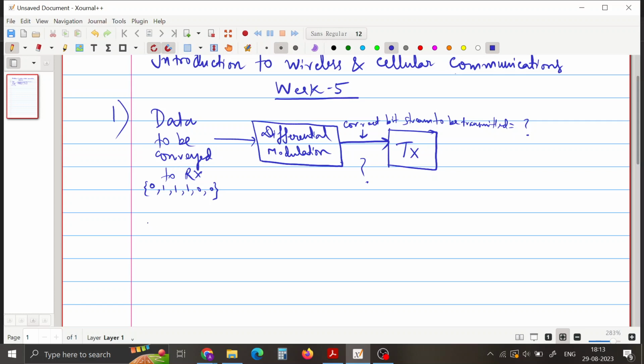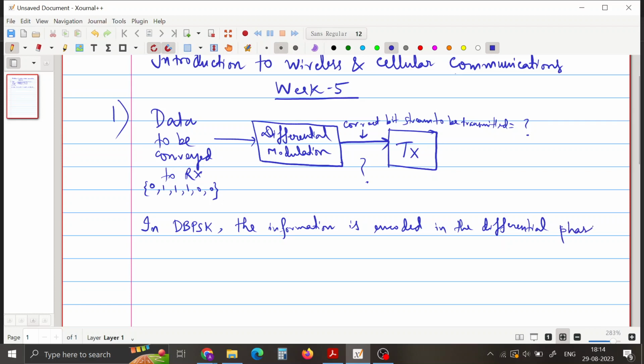As I was saying, we have to remember that in your differential modulation, or in your DBPSK scheme, the information is basically encoded in the differential phase.